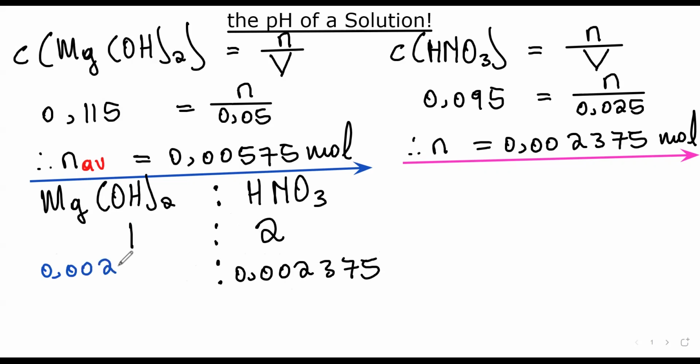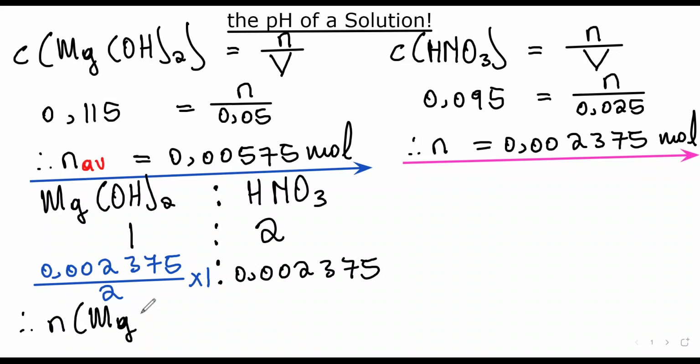Well, I simply take these moles of the acid and I divide them by 2. And of course, I can times this by 1. So this means the number of moles of the base will simply be half of that.